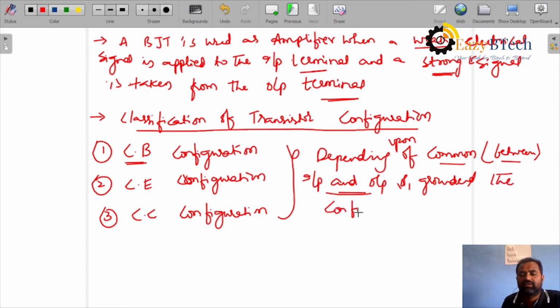The configurations are classified like this.